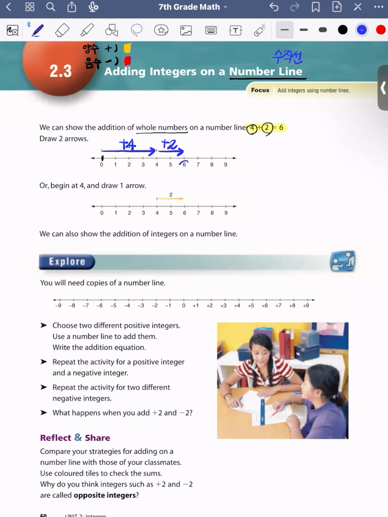And it will give us plus 6. Or what you can do is you start with number 4. You start from there, and then you draw an arrow that represents plus 2. It will also give us plus 6.